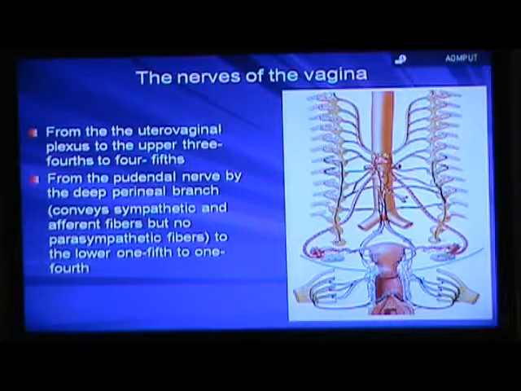So generally we can say that the bigger, upper part is supplied from the uterovaginal plexus, and the lower part of the vagina is supplied by the pudendal nerve, especially its deep perineal branch.